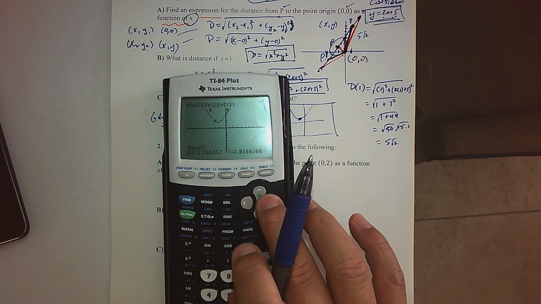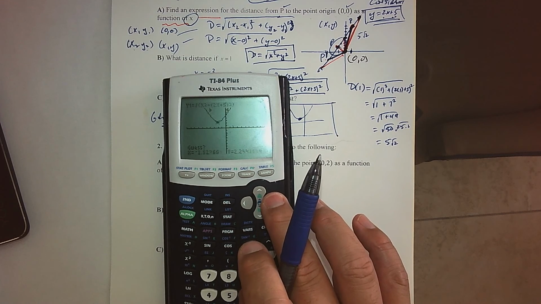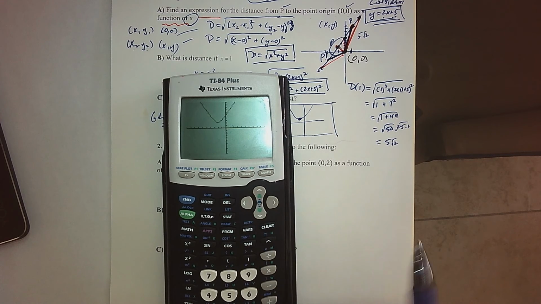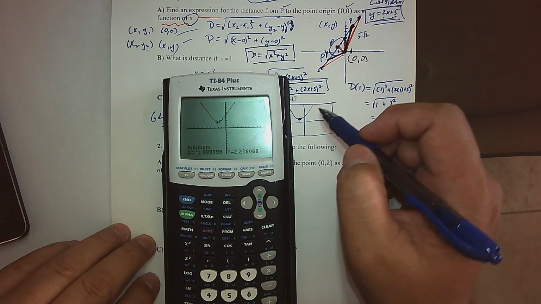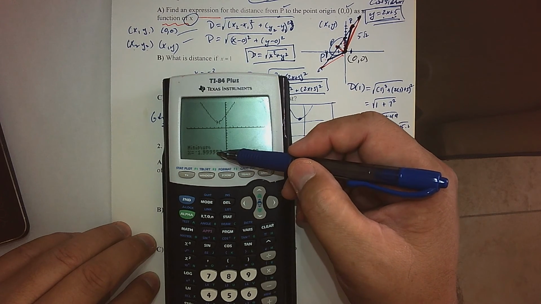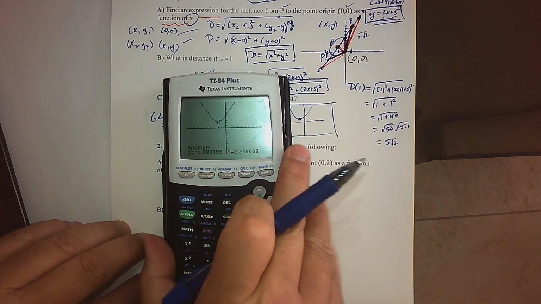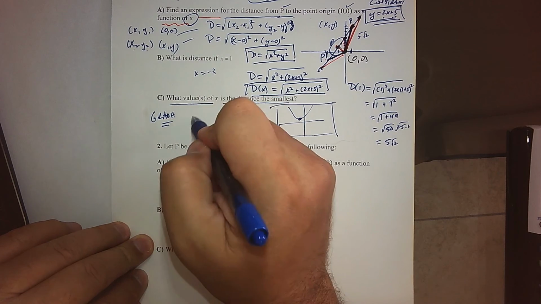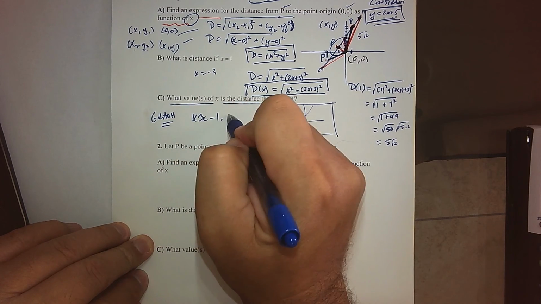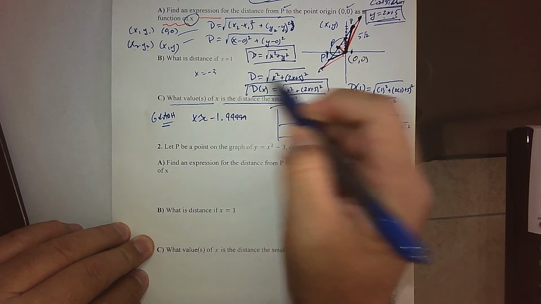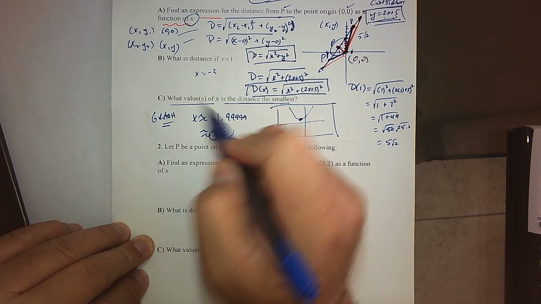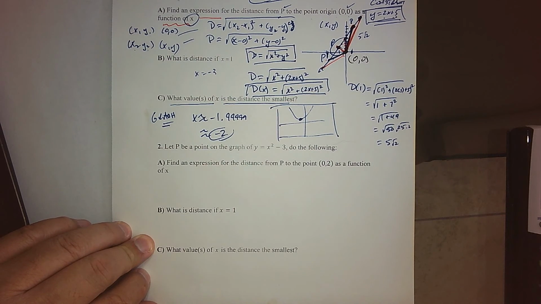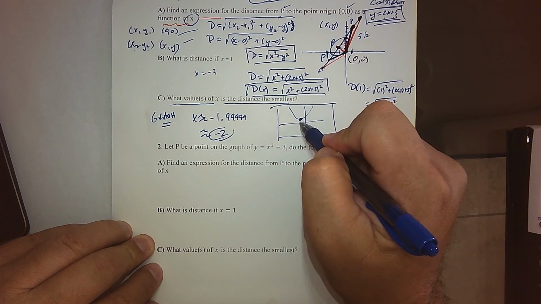So that looks about good. Maybe right there. Press enter, and what it returns for me is that x is about -1.99999, which we know to be -2. I'm really just guesstimating that that's -2. Okay, so at -2 is where we're at our lowest.